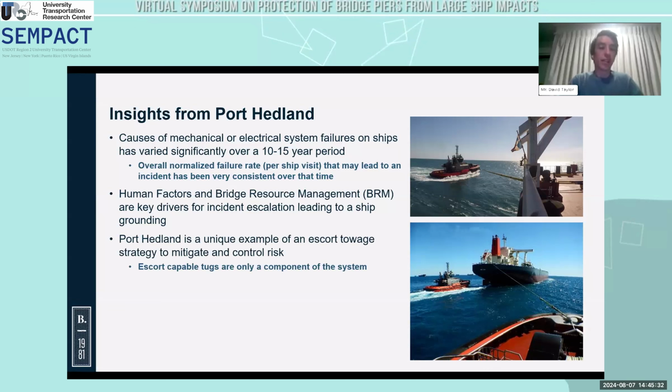So the escort towage has been the key investment undertaken at the port to mitigate channel blockage risk.